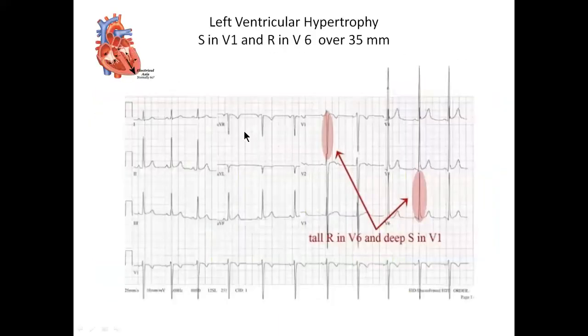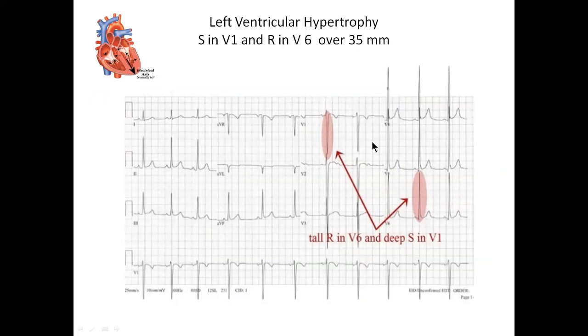Now there is one other thing that can happen to the QRS complex, and that is if the left ventricle becomes huge, or left ventricular hypertrophy, then the voltage goes up. So they become huge.